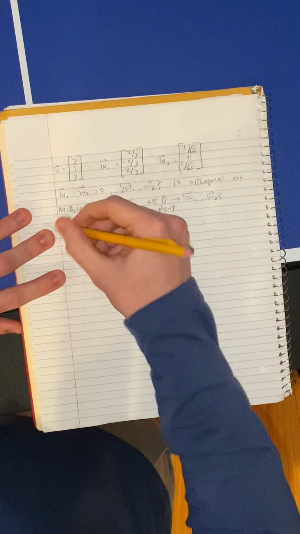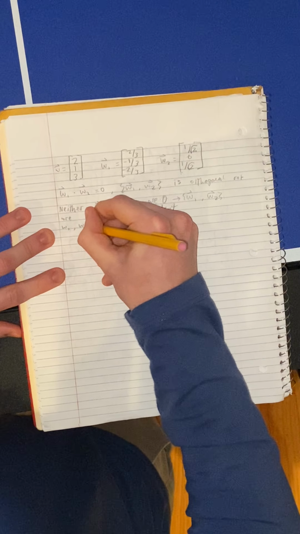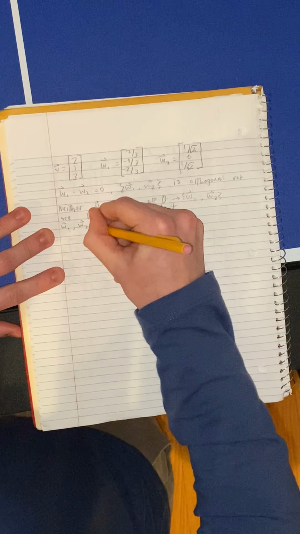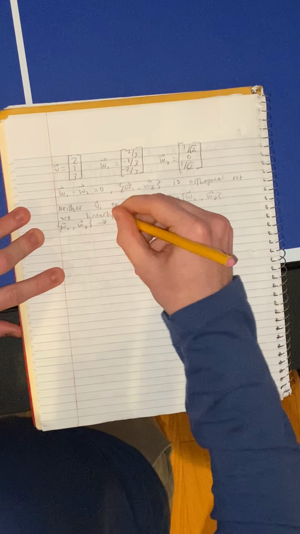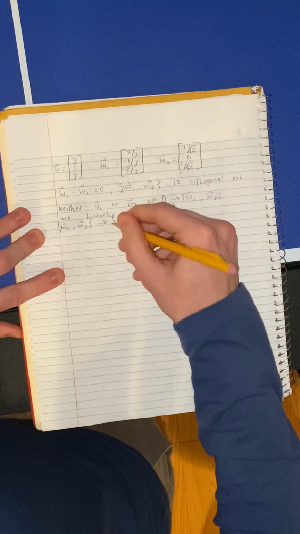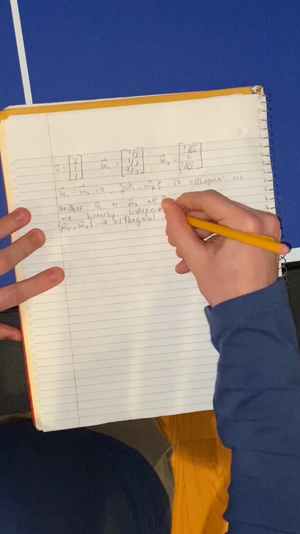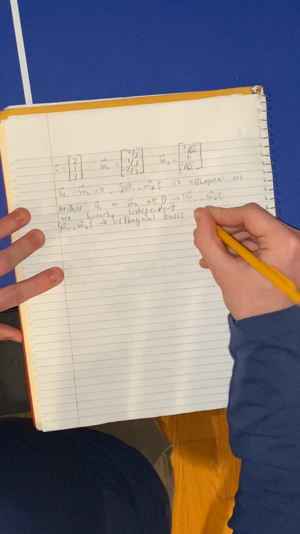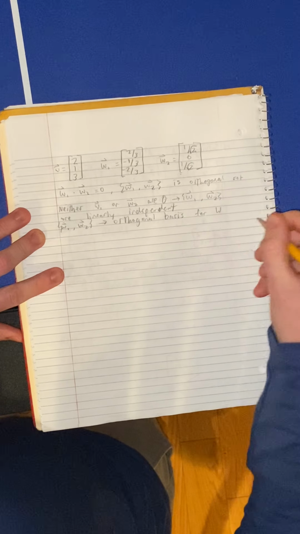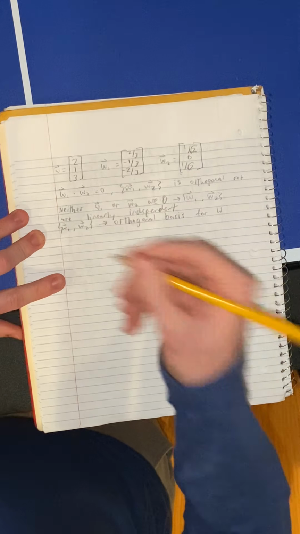And therefore, because of these two conditions, that makes W1, W2 an orthogonal basis for W.